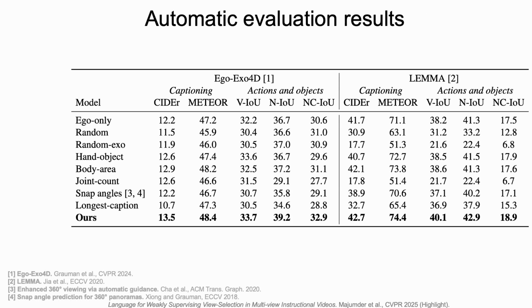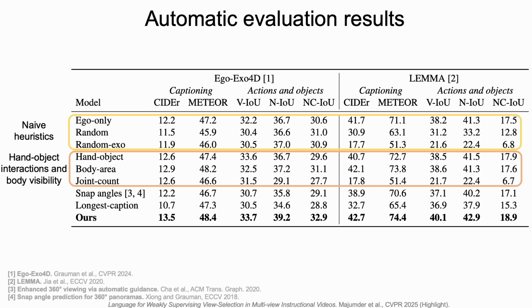Here are our results for automatic evaluation. We compare against a bunch of different baselines. The first set of baselines are naive heuristics like predict ego at all times or randomly pick a view. Our next set of baselines tries to pick a view that maximizes the visibility of interactions between the demonstrator's hands and different objects, or maximizes the visibility of their body.